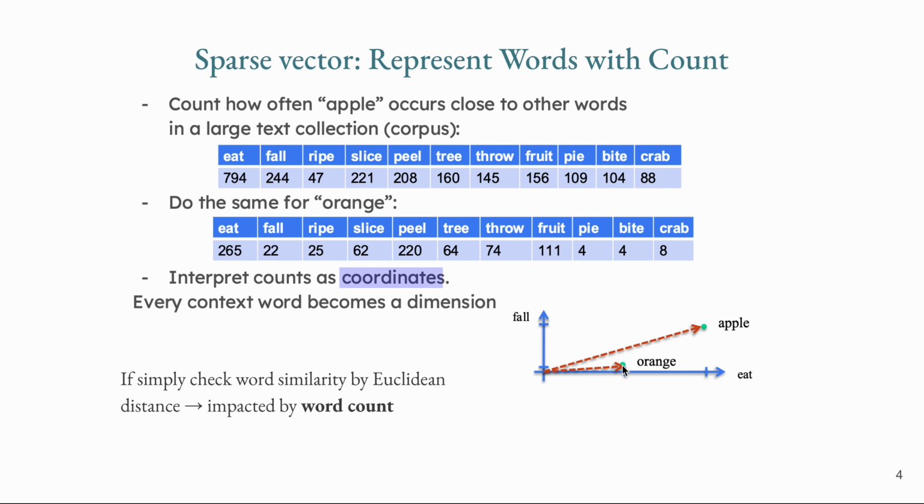So now we have a way to represent words in the vector space by the other context words as dimensions. Of course, if we check word similarity by Euclidean distance, then it may be impacted by word count.